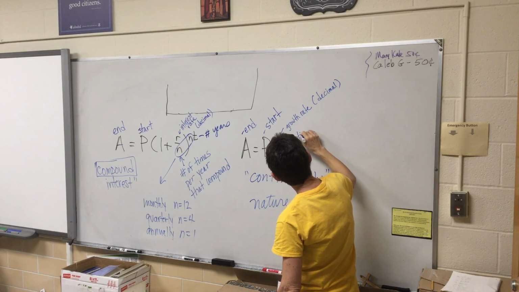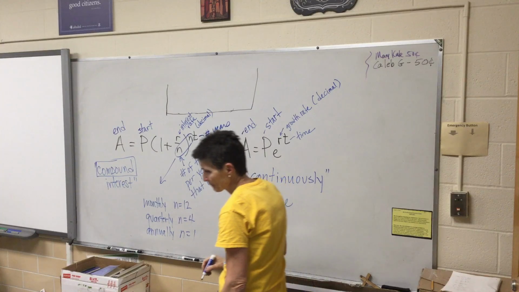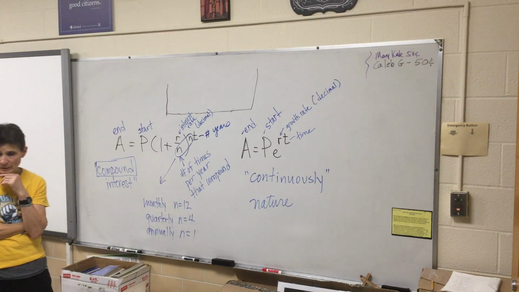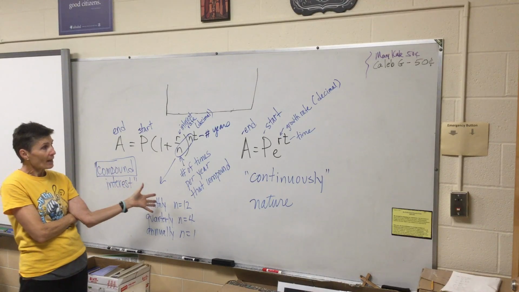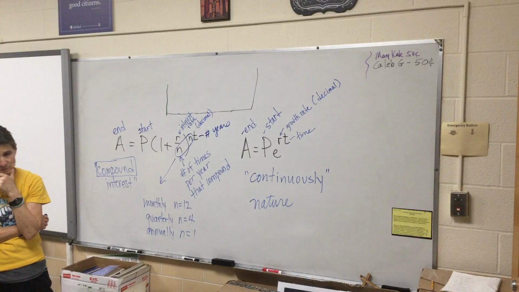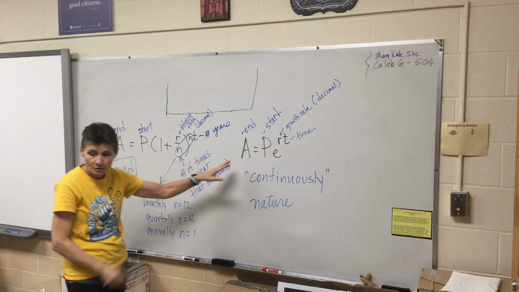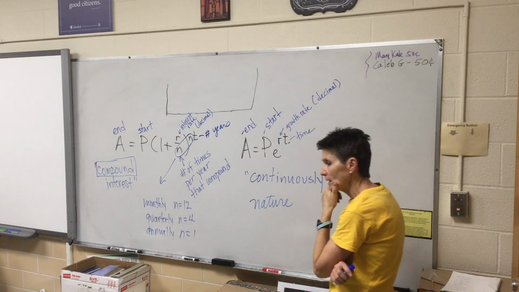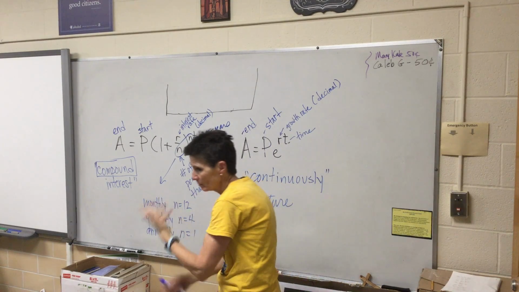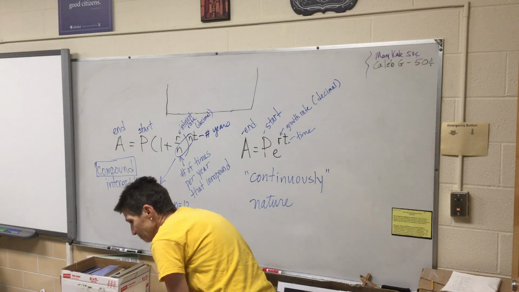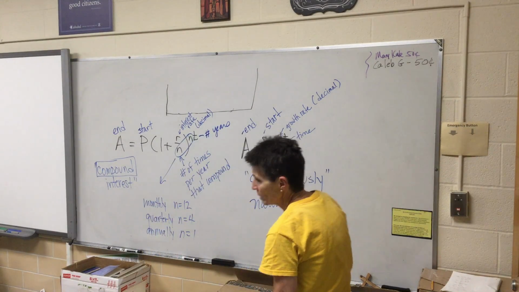And T is time. In the compound formula, T will always be years. In the PERT formula, P-E-R-T, time can be whatever. Minutes, hours, decades, whatever. You'll know when you read the problem.